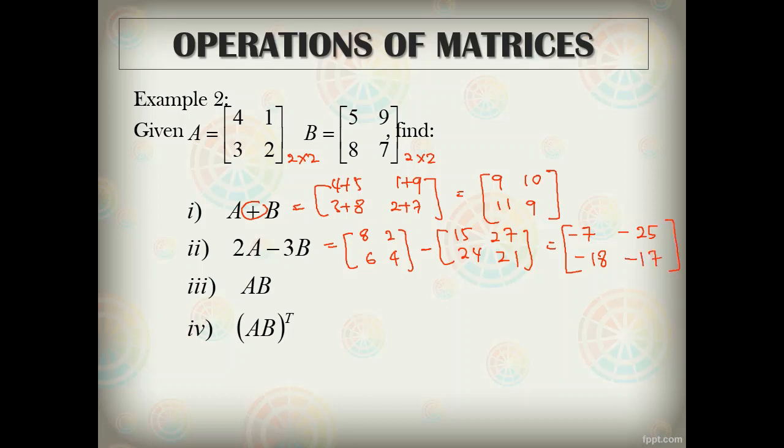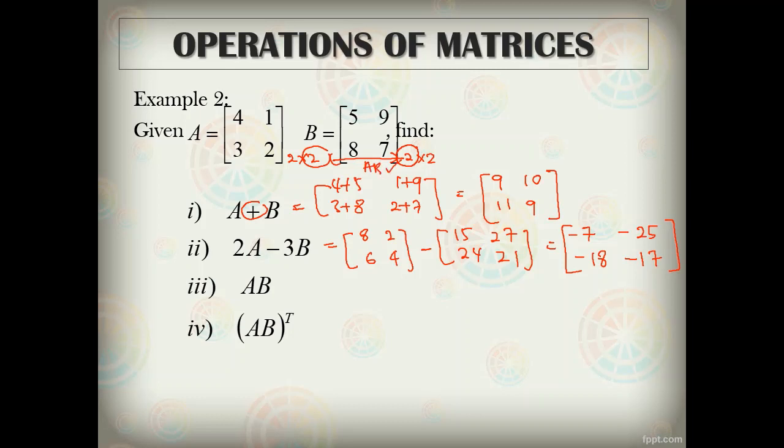For A multiplied with B, we must check that the column of the first matrix is equal to the row of the second matrix. Yes, they are equal, so AB is possible.